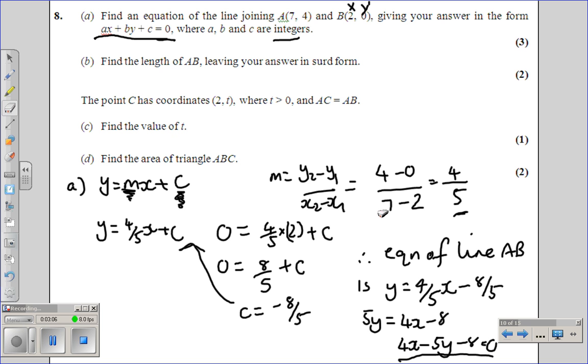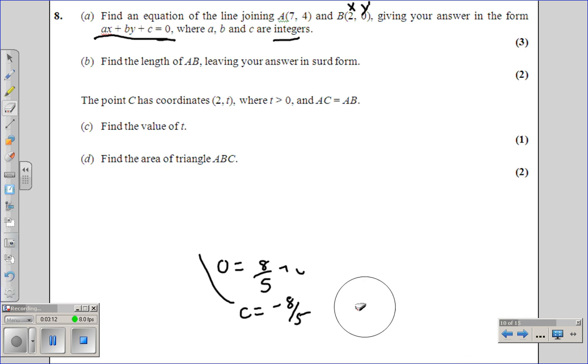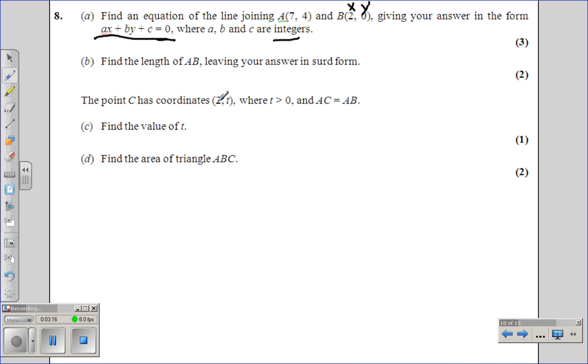So part B, if you know how to find the distance between 2 points, you know this formula: x2 minus x1, that's the distance between the x's, squared, plus y2 minus y1 squared, that will give you the distance between these 2 coordinates.